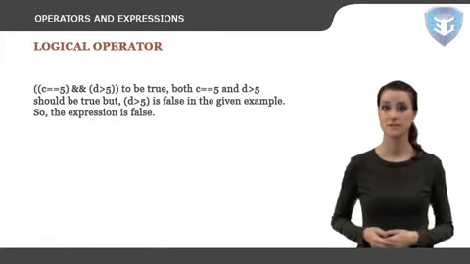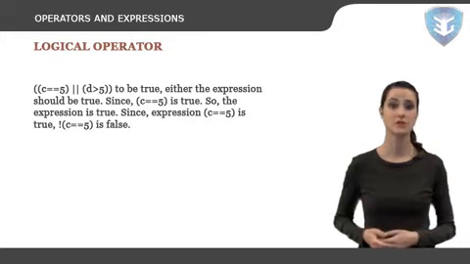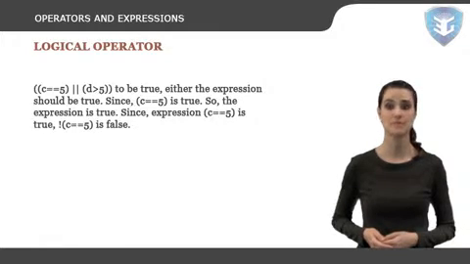So the expression is false. For the expression C equals 5 logical OR D greater than 5 to be true, either expression should be true. Since C equals 5 is true, the expression is true. Since the expression C equals 5 is true, logical NOT of C equals 5 is false.